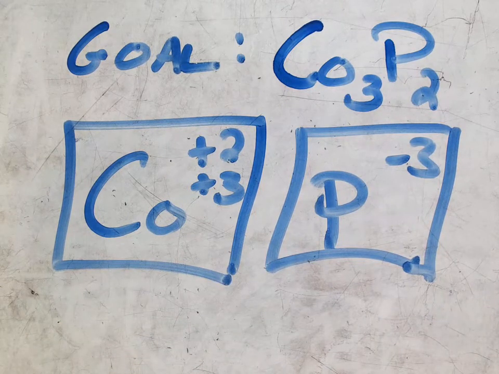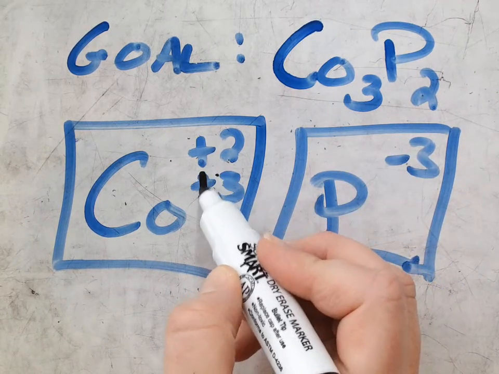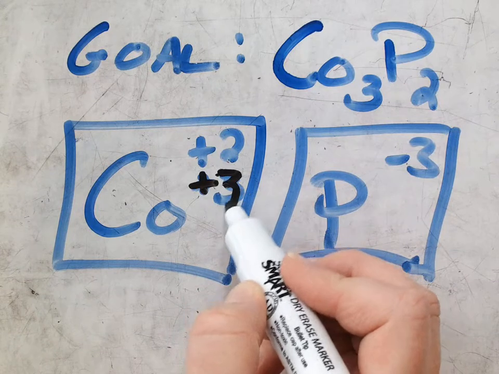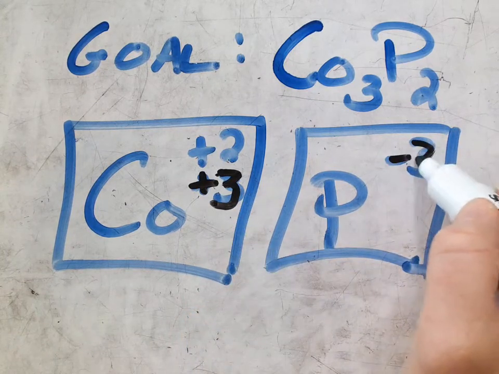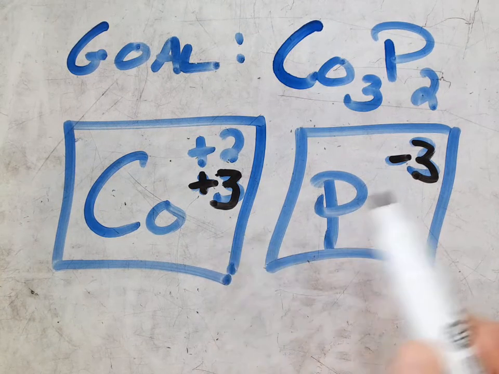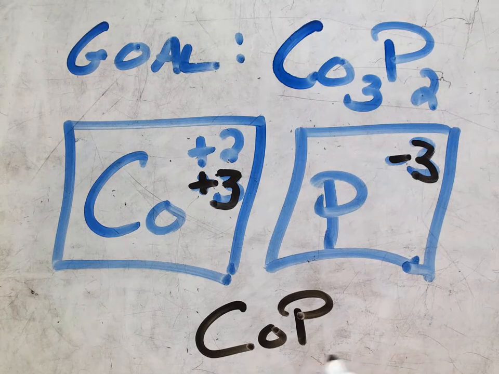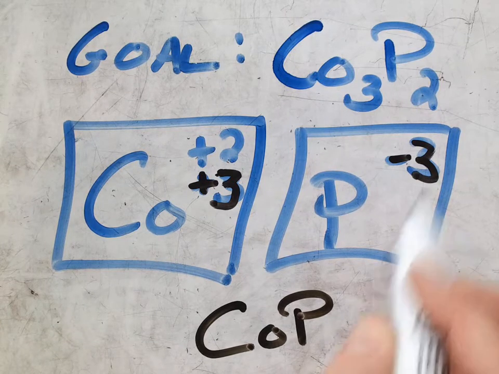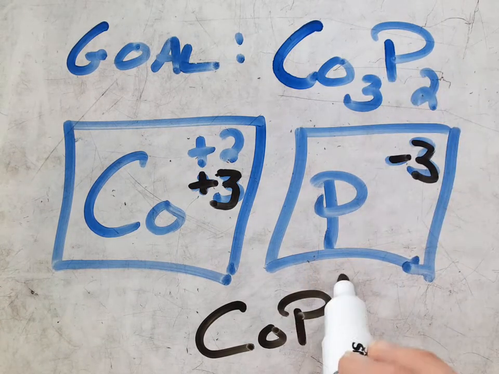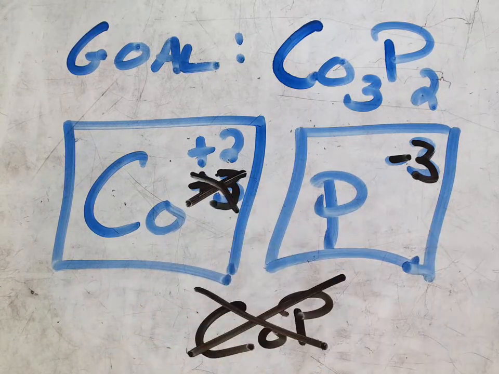So, by process of elimination, I'm noticing this +3 and -3, because if the cobalt 3 was used, they would just come together. But that is not the situation that I have. So I'm thinking that the cobalt 3 was not used.